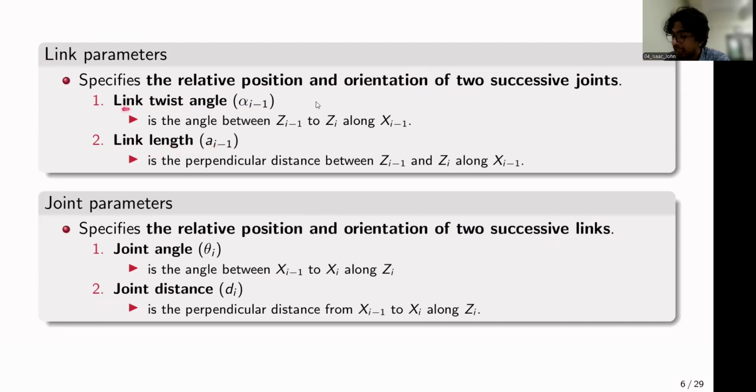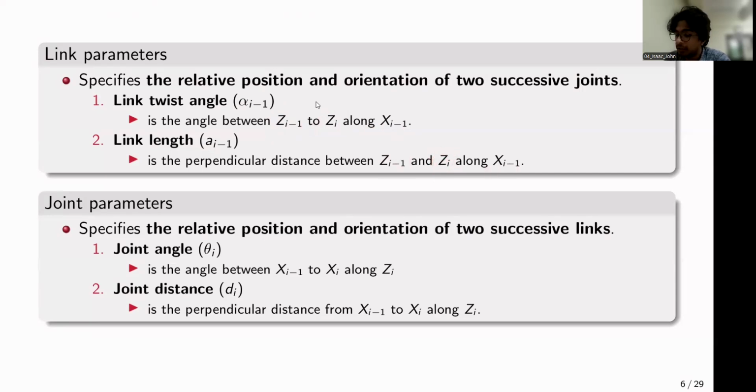Link twist angle is essentially the angle between the z-axis of the previous frame, zi minus 1, and the next frame's zi, along xi minus 1. And link length is the perpendicular distance between zi minus 1 and zi along xi minus 1.